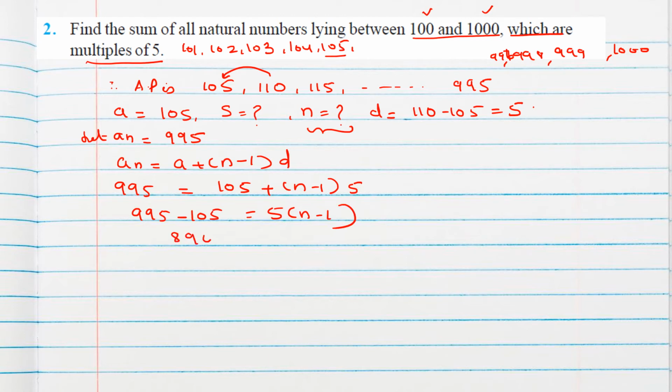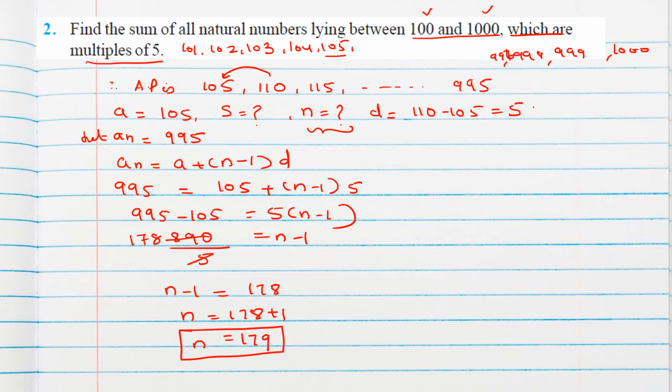This 5 we can transfer here, so n minus 1 will be 178. So n will be 178 plus 1, that is 179. There are 179 multiples of 5.